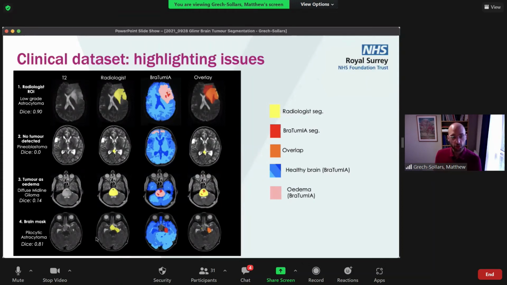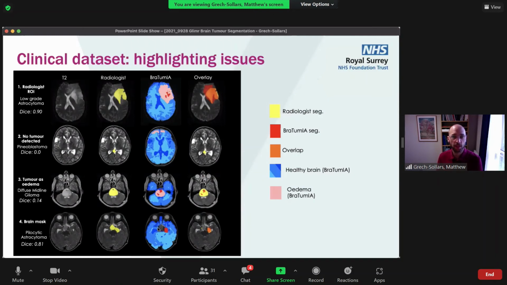The fourth issue, again another pediatric tumor, had more to do with the technicality of masking the brain. Most of this software requires or automatically processes a brain mask. And what the software did was essentially remove half of the tumor from the image by masking it out. So you'll see this hole in blue in the segmentation there.